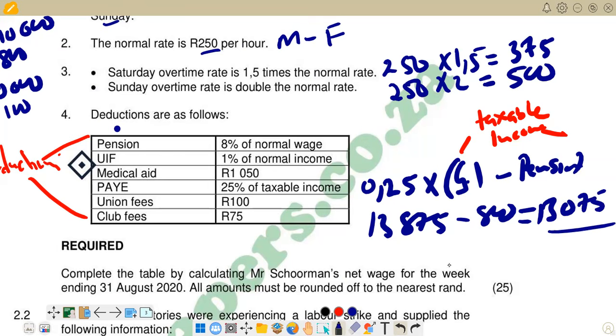So this is the taxable income. And we now say 25% of taxable income. So we now say 0.25 times 13,075. So let's calculate again there. We multiply by 0.25, and then you get 3,268.